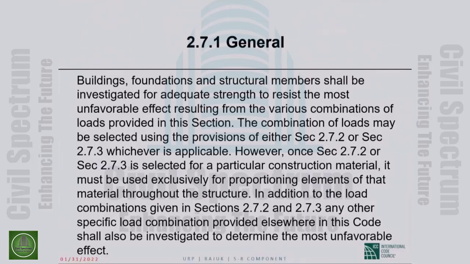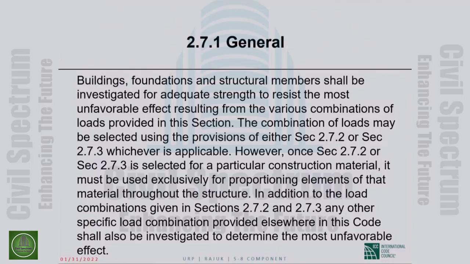Buildings, foundations, and structural members shall be investigated for adequate strength to resist the most unfavorable effect resulting from the various combinations of loads provided in this section. So you have to consider multiple load combinations in the design of a structure.